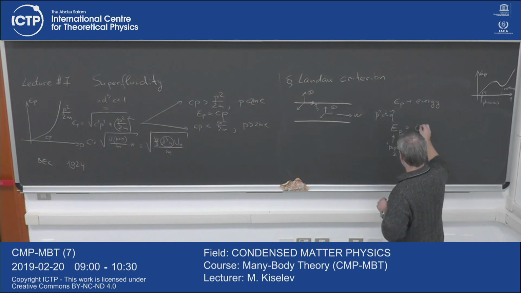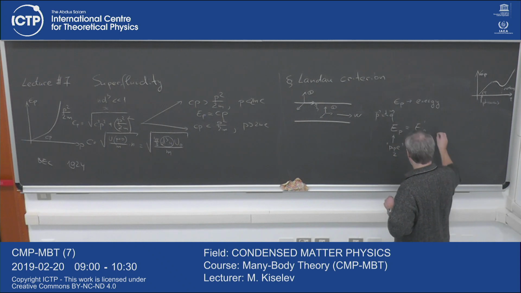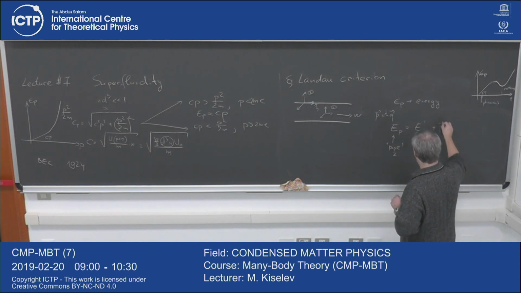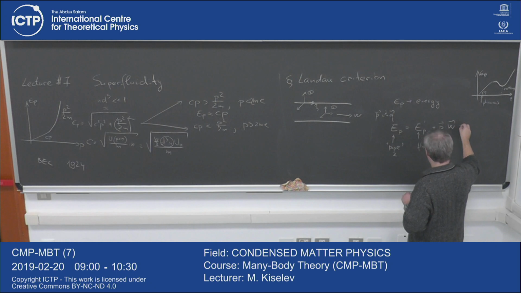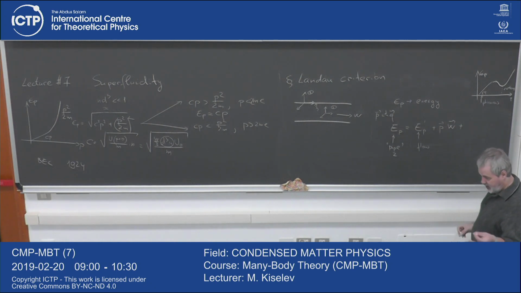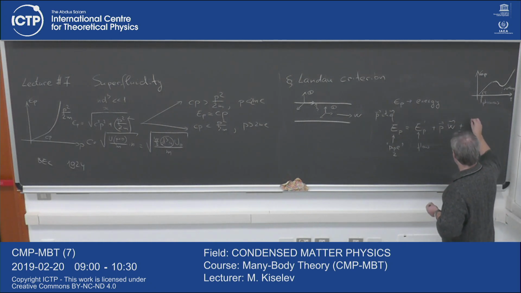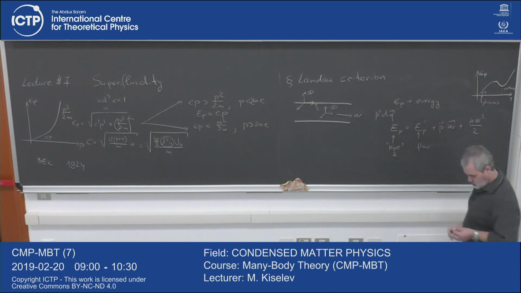This is the energy of the excitation, epsilon prime(p), in the system associated with the flow, plus p times w, plus we have the kinetic energy of the flow, so we write total mass M w squared over 2.